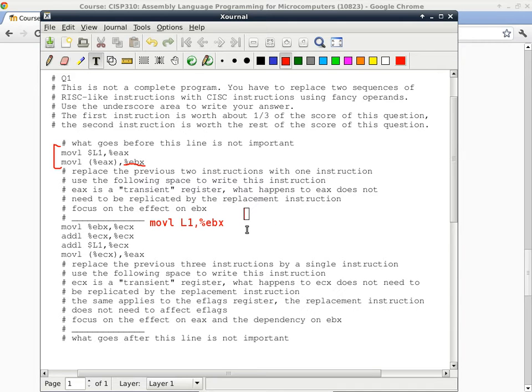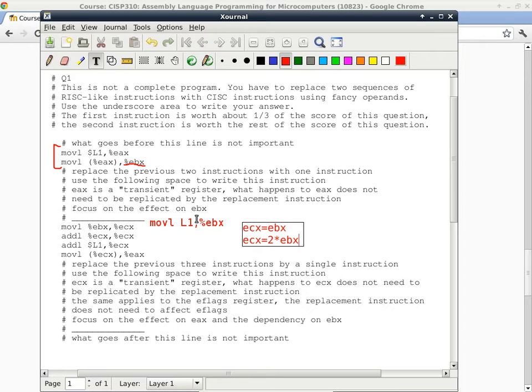Okay, so if I were to comment each and every single line, I know it's kind of confusing here because I have the other one at the wrong place. In the first instruction, we have ECX equals EBX. In the second instruction, we have ECX equals 2 times EBX, because we are doubling the value of ECX.